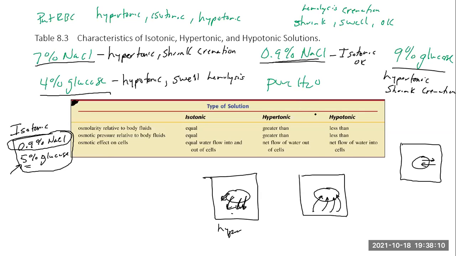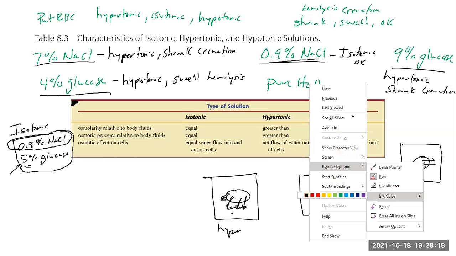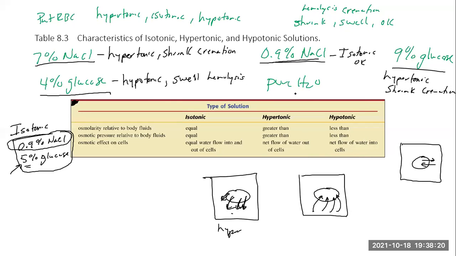Lastly, here we have pure water. And pure water is an interesting one because people go, it's water, so it can't really hurt. In this particular case, it can hurt. Water has no osmotic pressure, which means it would then fall in the hypotonic situation.